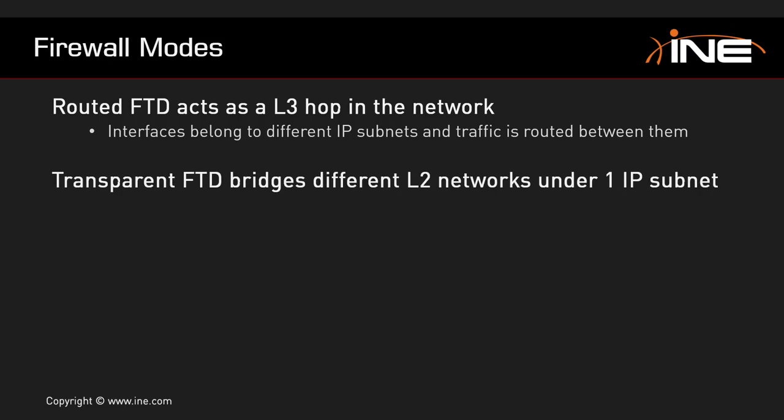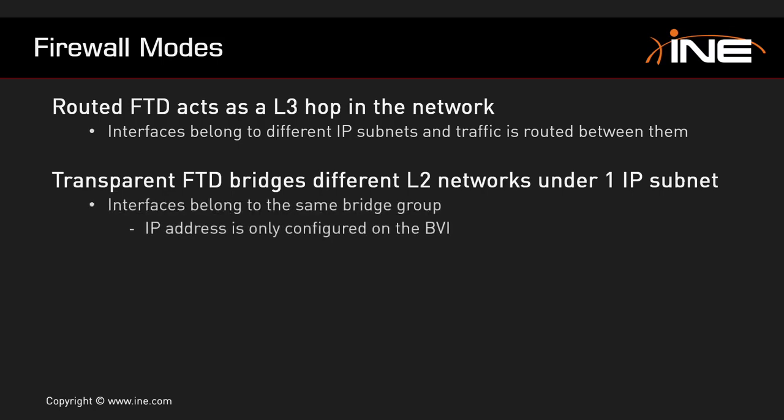Now, in the transparent mode, what is going to be different is that our interfaces will not be configured with an IP address. They will be configured as part of a single bridging group, and there is going to be just one IP subnet that we will deploy on top of that large layer 2 network that we will build by bridging different interfaces together, where one of the addresses that belong to this subnet is going to be configured on the single transparent FTD virtual port, BVI, a bridged virtual interface.